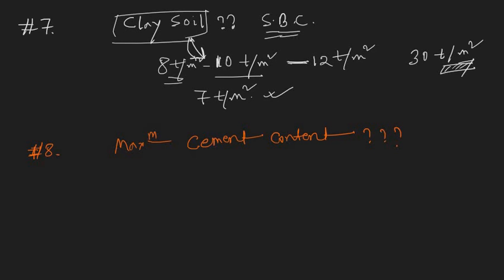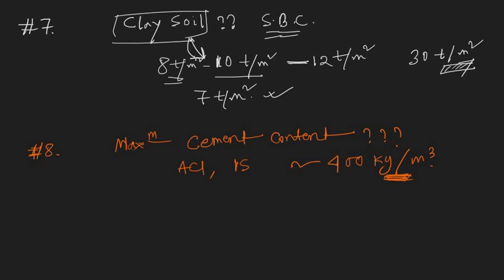Specifically, I am not mentioning any particular code, whether it may be related to ACI or our IS standard code. But the maximum cement content limit is normally in the range of 400 kg per meter cube. That's the normal case. It should not be more than 400 kg.